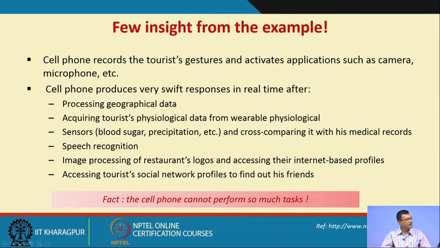There are speech recognition systems, image processing of a restaurant logo, accessing internet based things, and accessing tourist social network profiles to find out his friends etc. So, what we see is that even though it is a simple scenario of visiting a particular place, there are several types of sensors at different levels.